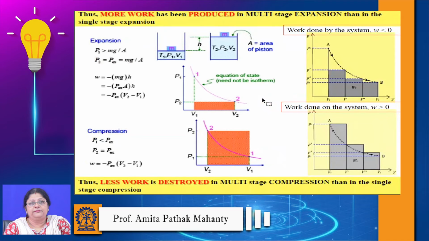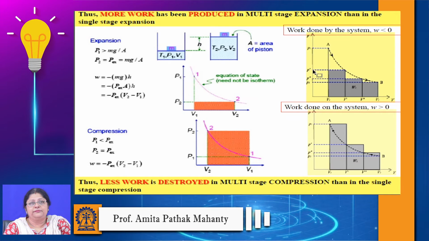Now suppose instead of taking a one-step process, I start increasing the number of steps, as in a reversible process. This was the initial condition of the expansion. This was the initial condition of the compression. Now, instead of going directly from A to B, I have taken steps in between.